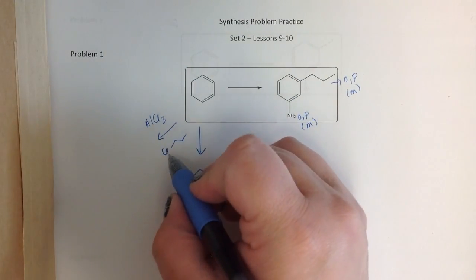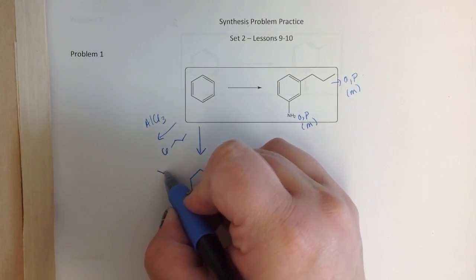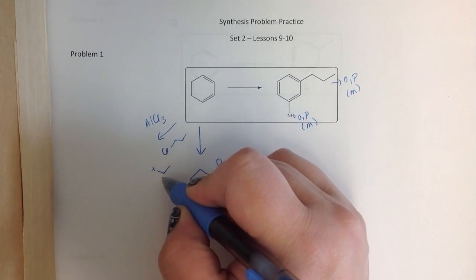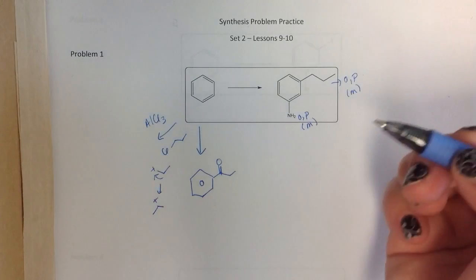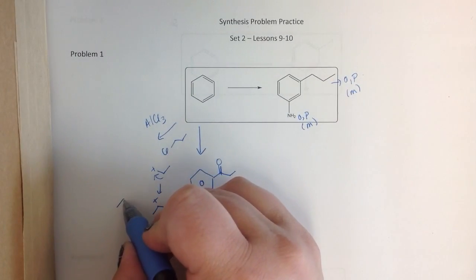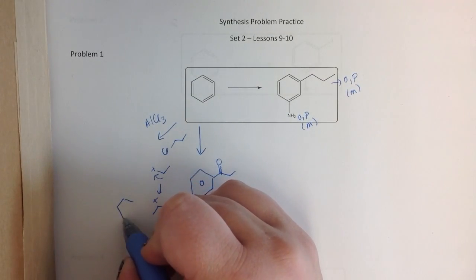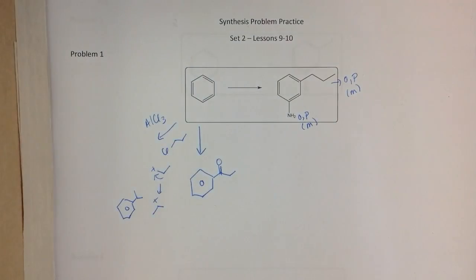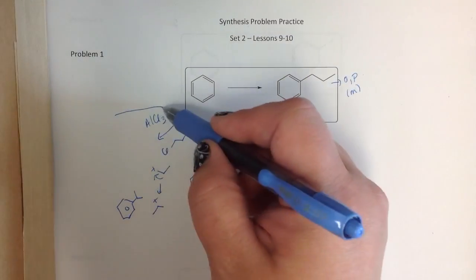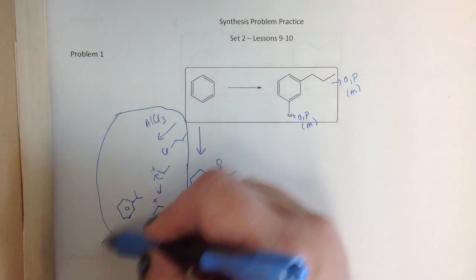If you recall, that would make a carbocation that looks like this, that would rearrange to form that, which means that your actual product would look like that, and that's not what you want.